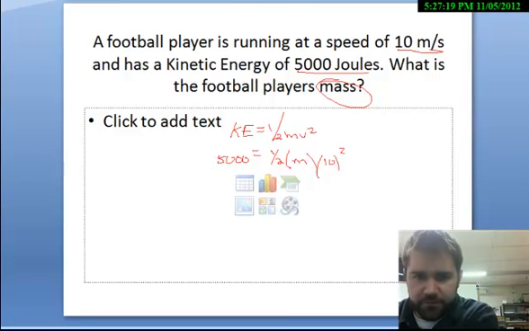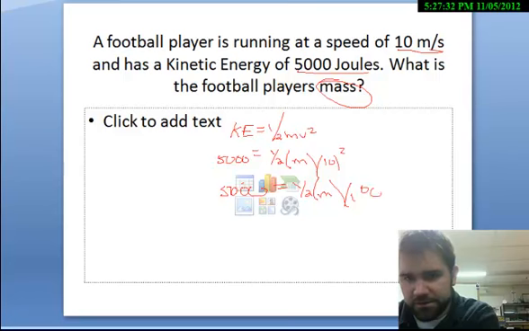Therefore, 5,000 is equal to 1/2 times the mass times 100, because 10 squared is 100. Again, sorry about the pen. Therefore, 5,000 is equal to 1/2 times 100, which is 50, times the mass.